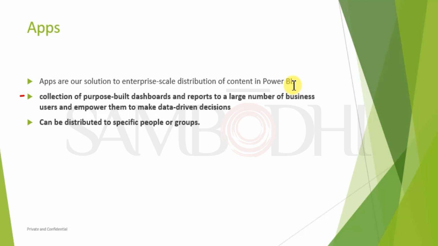It is also the collection of purpose-built dashboards or reports for a large number of business users to empower them to make decisions. So it can be one or more reports or dashboards which then can be converted into apps. It can be distributed to specific people or groups, similar to the content packs.